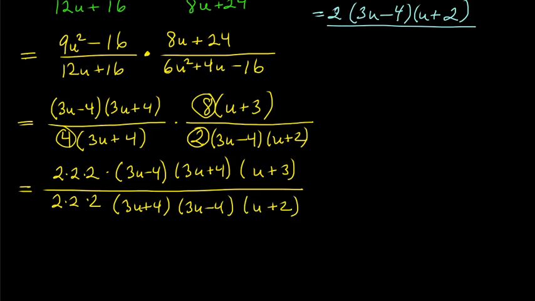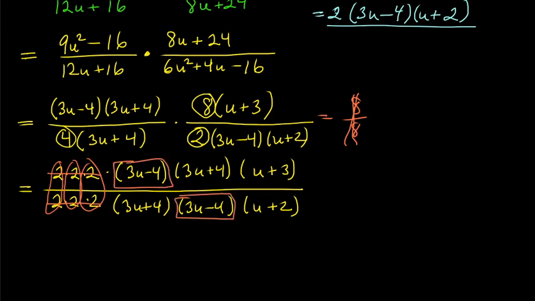Now we can just cancel. What are we canceling? Well, the 2's, these 2's, and these 2's. So if you didn't factor it out completely, what you would get here, of course, is just 8 divided by 8, which is 1. So the 8's cancel. So either way, all the numbers cancel here, right? The 3u minus 4 cancels with the 3u minus 4 in the denominator.